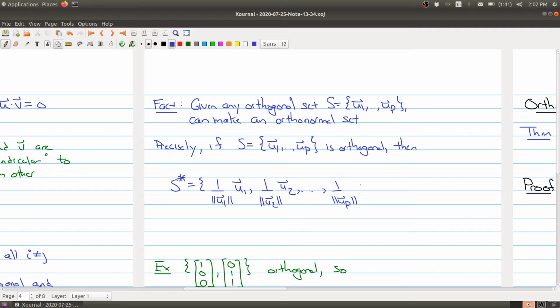So the length of up, and I multiply it by the vector up. Notice that I'm taking a vector and multiplying it by a scalar, so I haven't changed the direction of any of these vectors. They're still orthogonal, but I've rescaled them all.